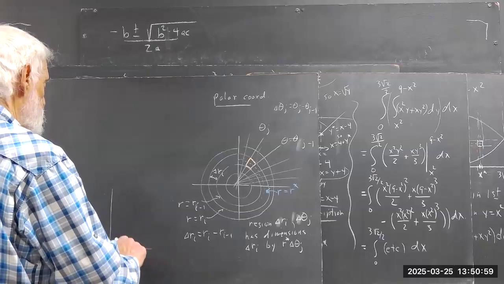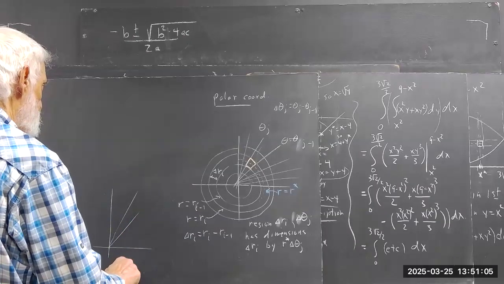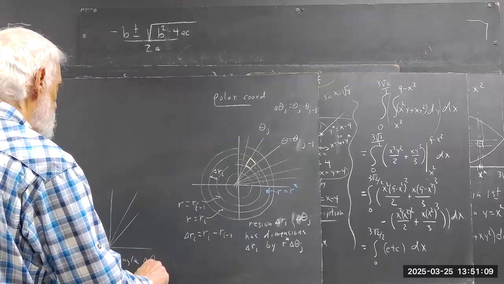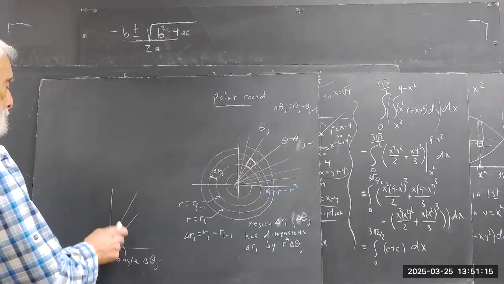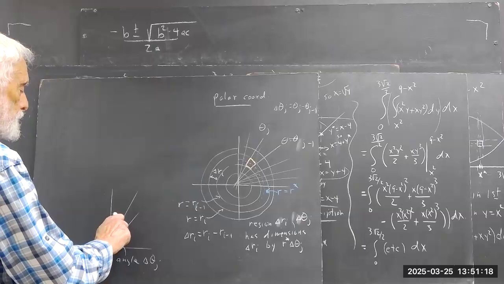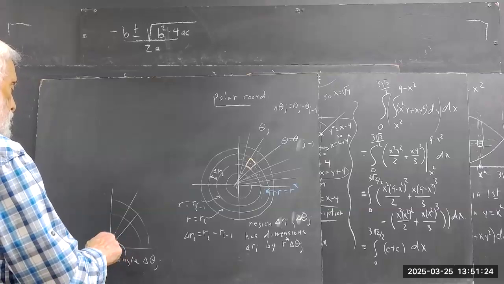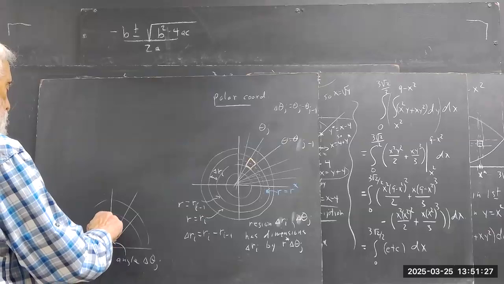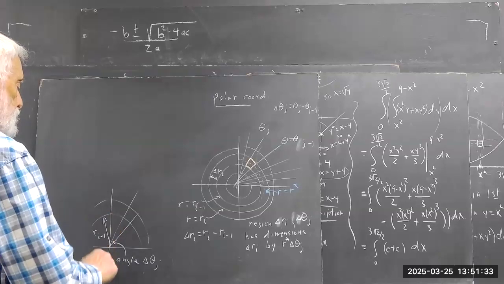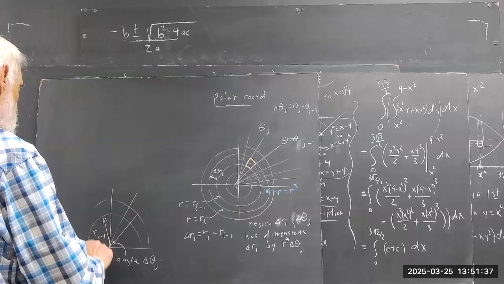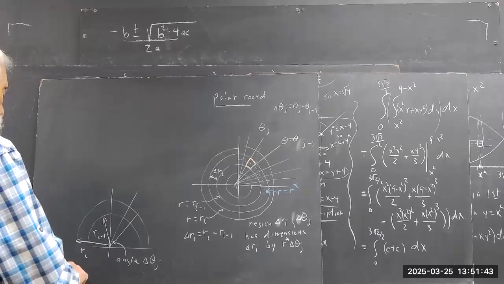Now, well, here is going to be delta theta sub j. R sub i minus 1 is R sub i.